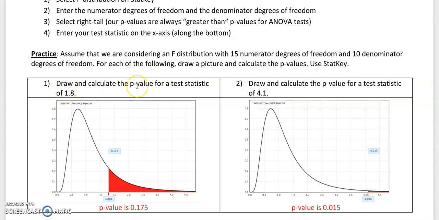So I would enter F on the first page. I would put 15 and 10 for my 2 degrees of freedom. This picture would pop up. I would select right tail. I would enter 1.8 down here on the bottom, and this 0.175 is the shaded area. That would be my p-value. And you could do something similar for a test statistic of 4.1.